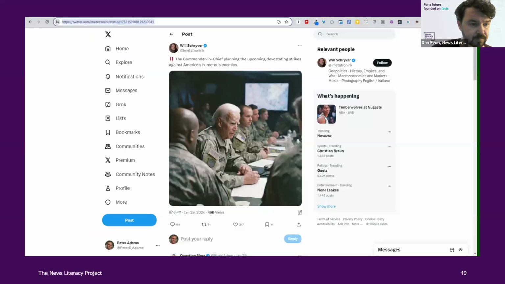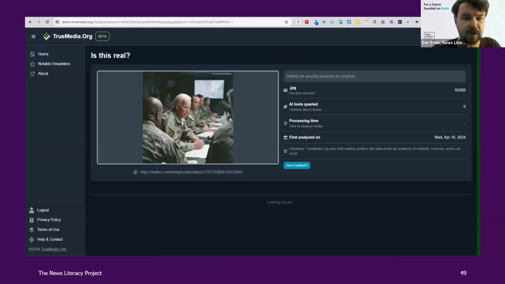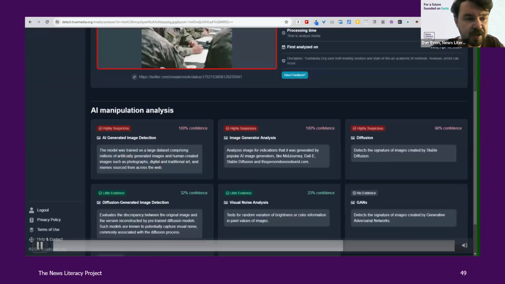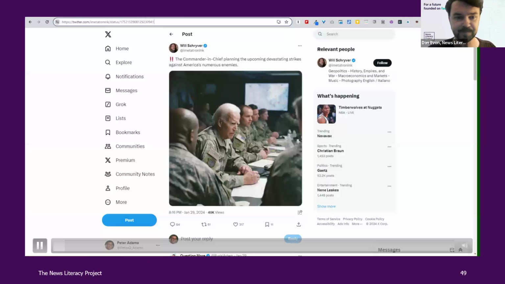So this is something called Truth Media, which this one is actually not available to the public yet, but there are similar tools online that you can find. You plug the image in, it runs various analyses on it, and it will tell you what it suspects. The top three here are saying with 100% confidence this is an AI generated image. These tools aren't very widespread yet, but it is a way that people are starting to address AI generated content. So be on the lookout for those.